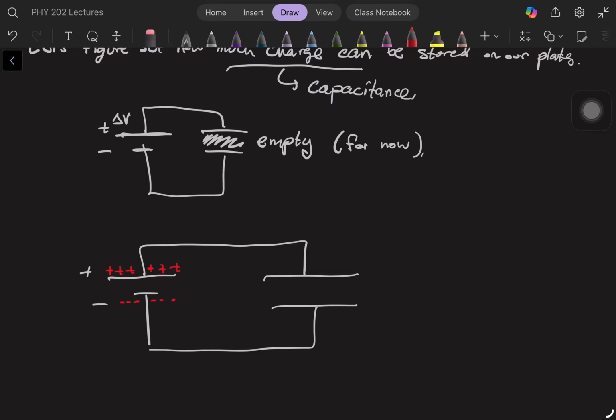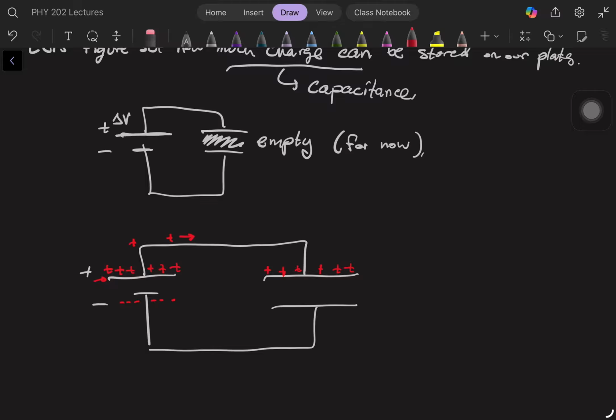All of these positive charges on this plate together want to get away from each other. So slowly but surely, we're going to have charges traveling through this circuit, and when they get to here, they all start building up.